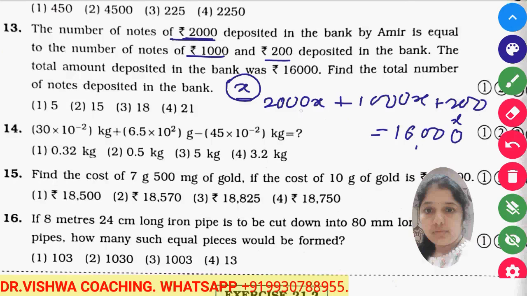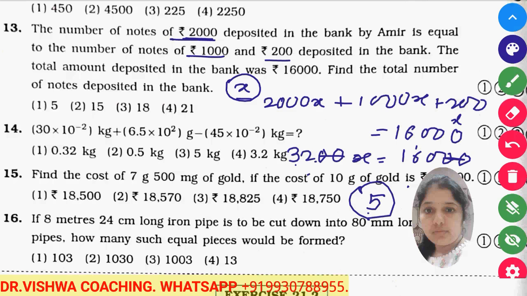So it becomes 3,200x is equal to 16,000. This 0 from both sides will get cancelled. Now divide this 160 by 32, you will get the value of x. So if we divide 160 by 32, we will get the value 5, because 32 fives are 160.